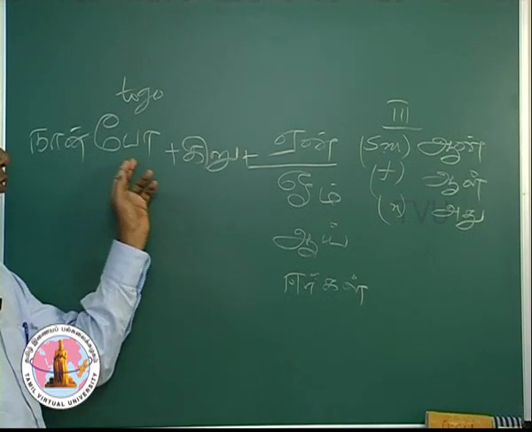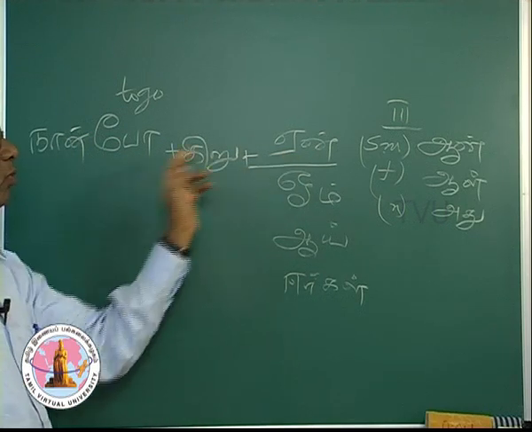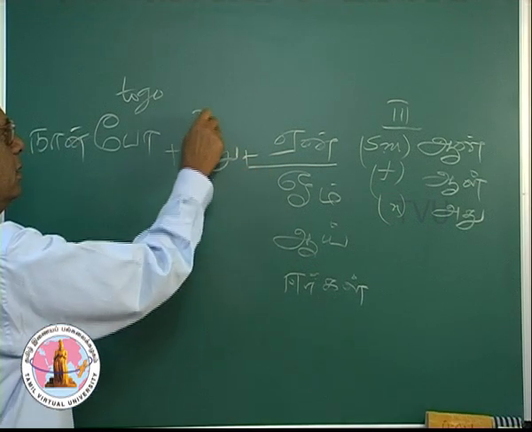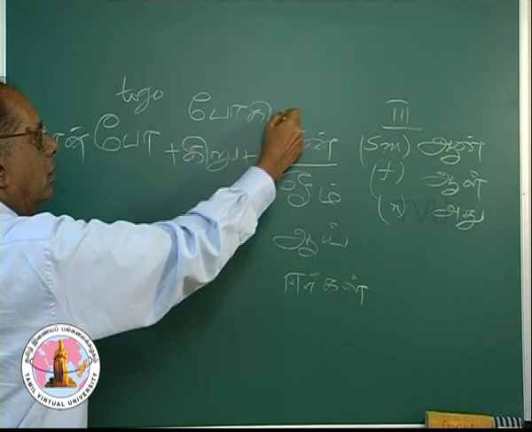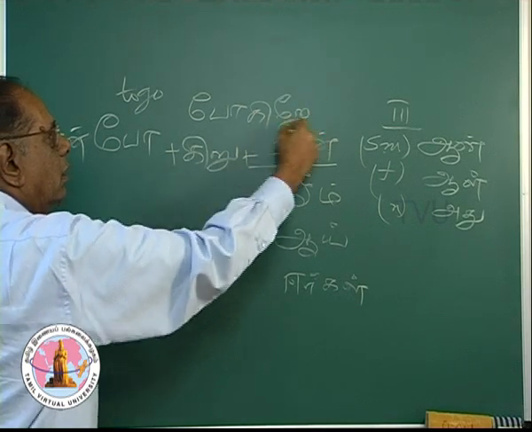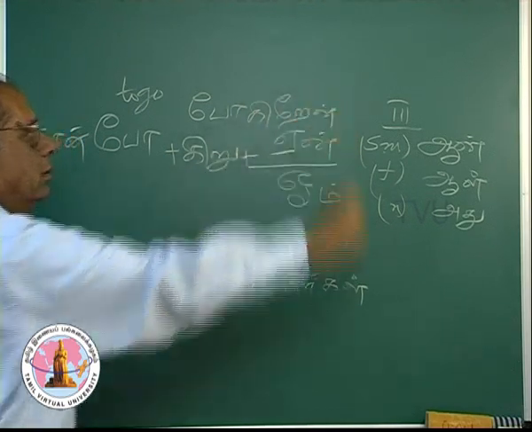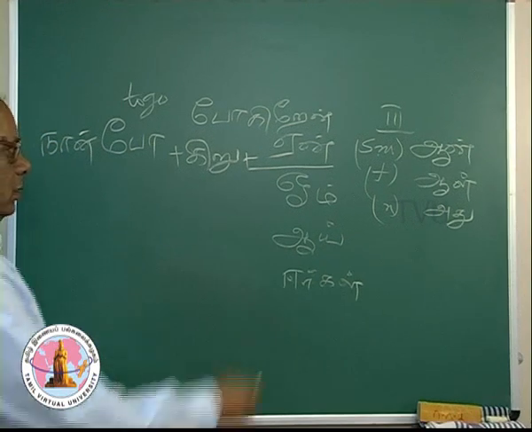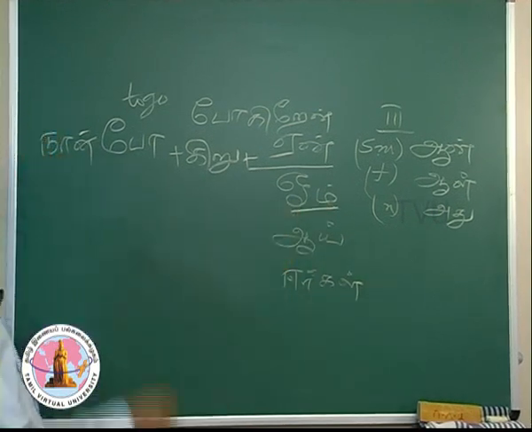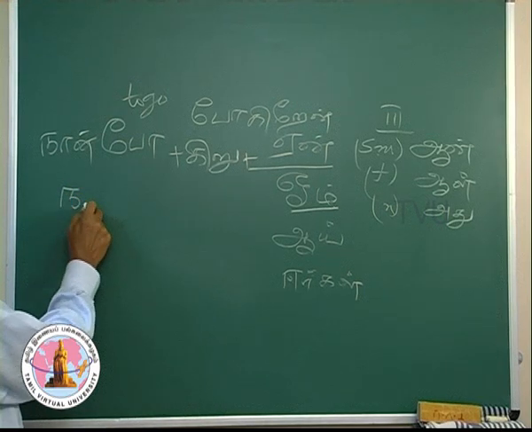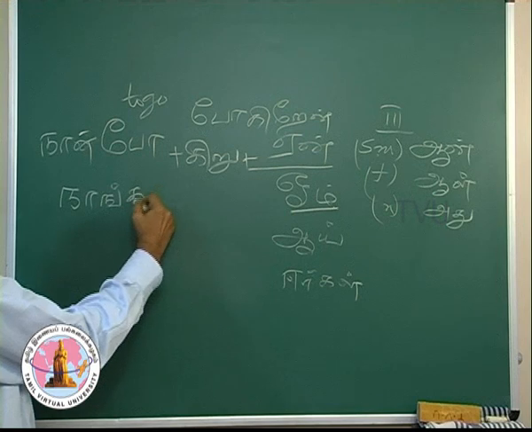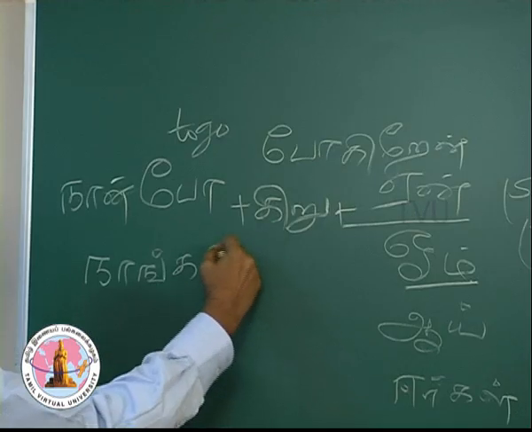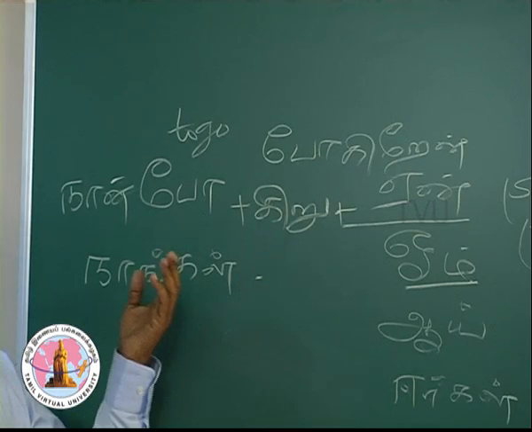நான் போகிறேன், போகிறேன். This will be நாங்கள், first person plural.